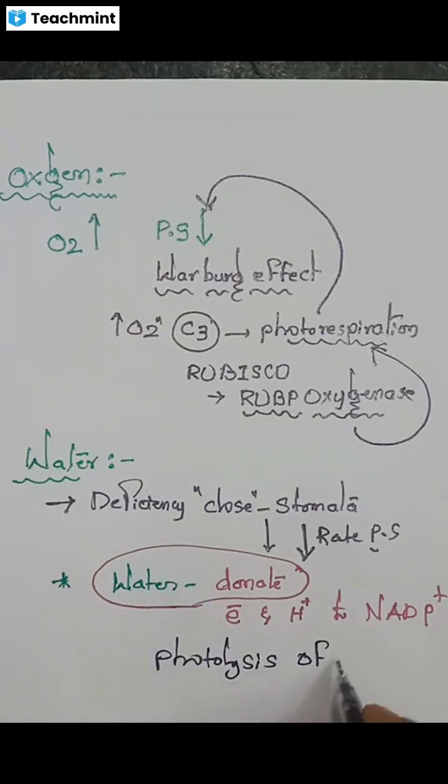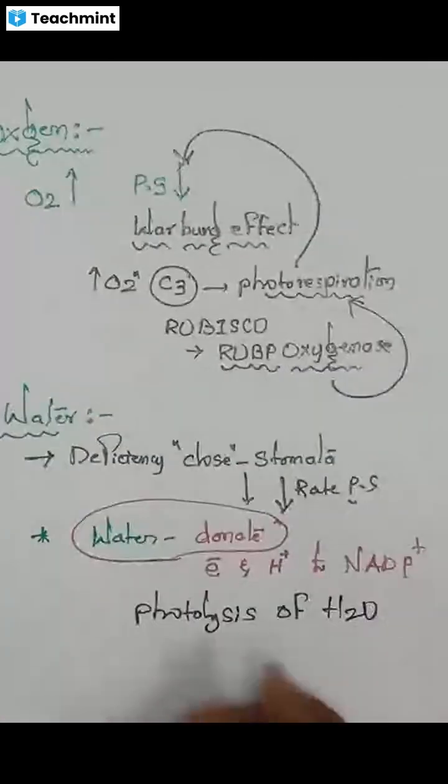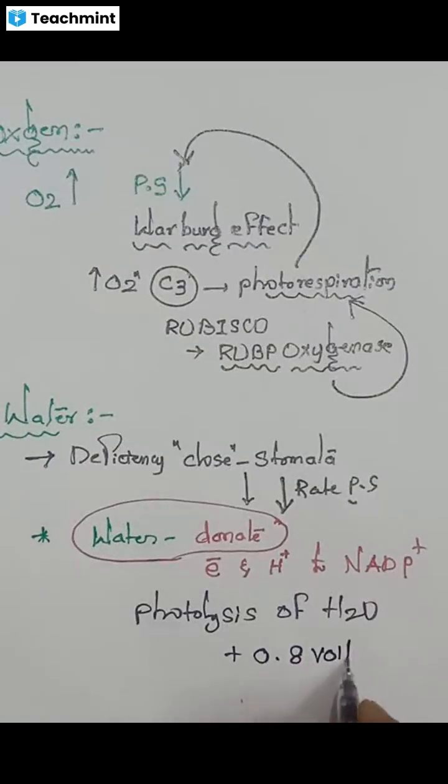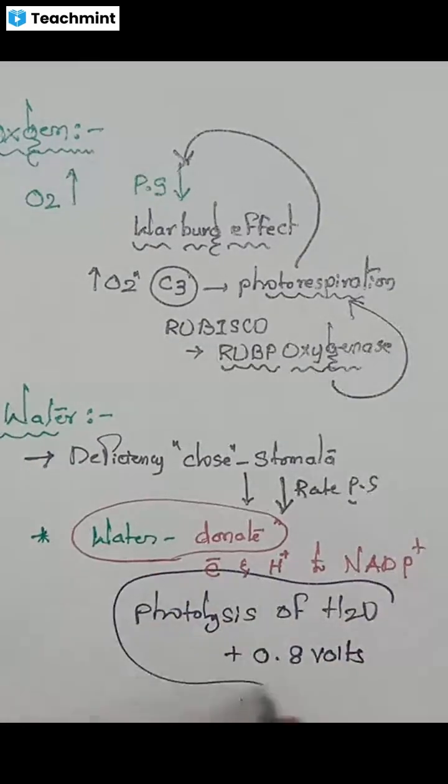The photolysis of water takes place at plus 0.8 volts. This is one of the most important points. So clear.